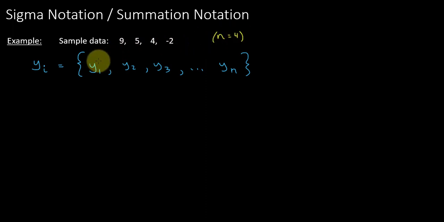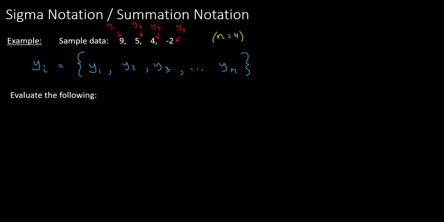The values in our data set, we can refer to them as Y1, Y2, Y3, and Y4. So now we've got a short way to address this data set. We can call it Y. That's going to be useful in a moment when we see how we utilize sigma notation.